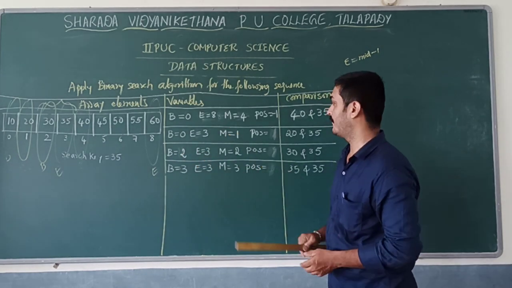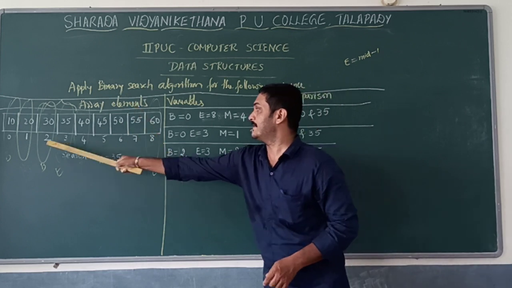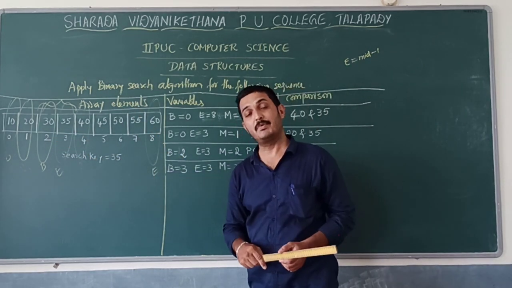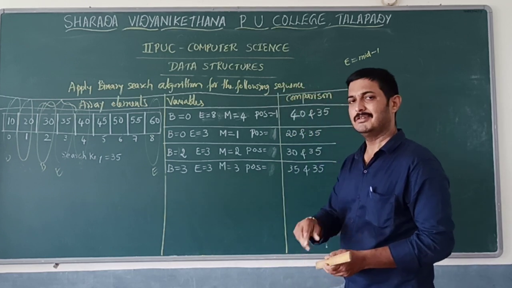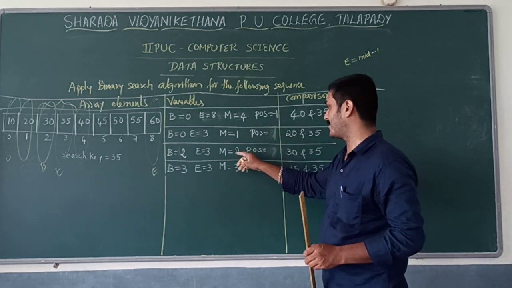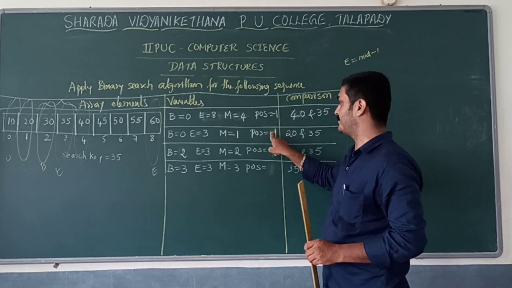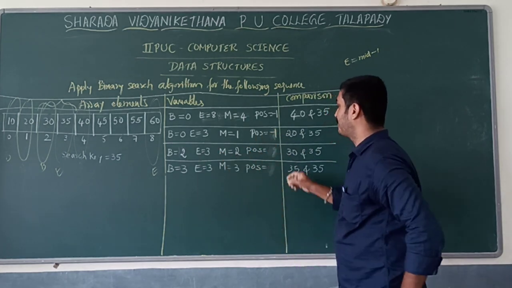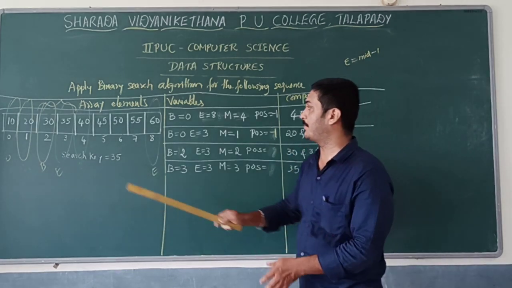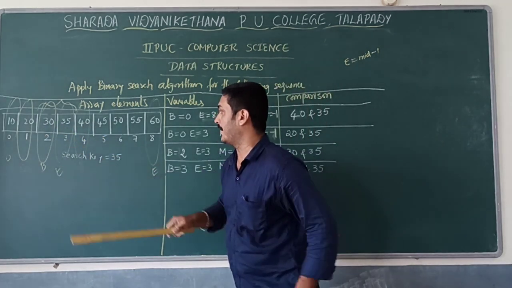Again we have to find the center element: 2 plus 3 divided by 2 is 2.5, so we take only the integer part. So m equals 2 and position is minus 1. We compare 30 and 35.